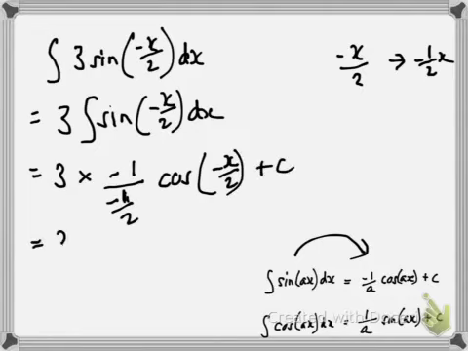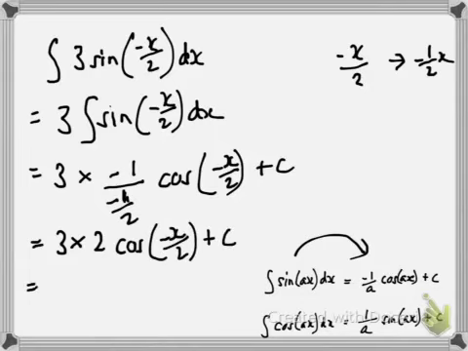So we've got 3 multiplied by negative 1 divided by negative a half. 1 divided by a half is 2, negative divided by negative is a positive, so it's 2 there, and then it's cos of negative x on 2 plus c. 3 2s are 6, so 6 cos negative x on 2 plus c.